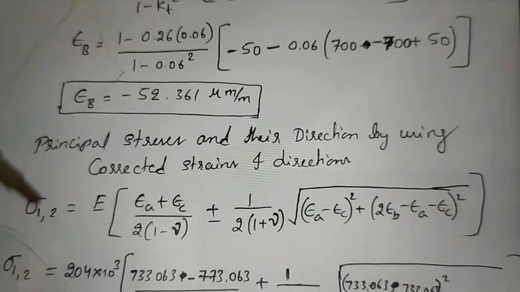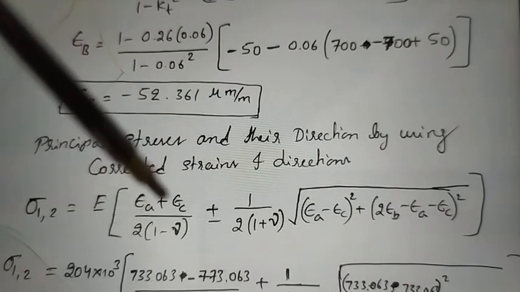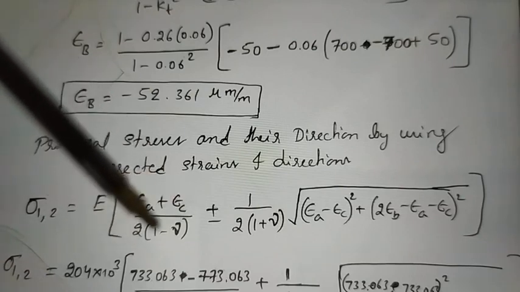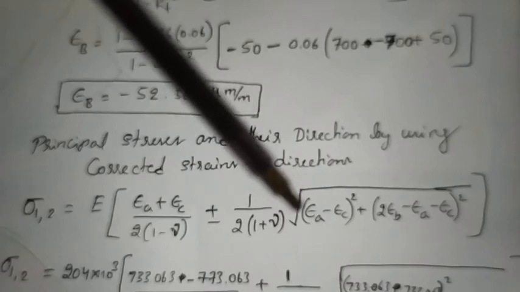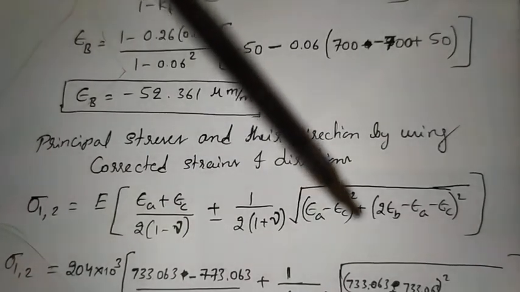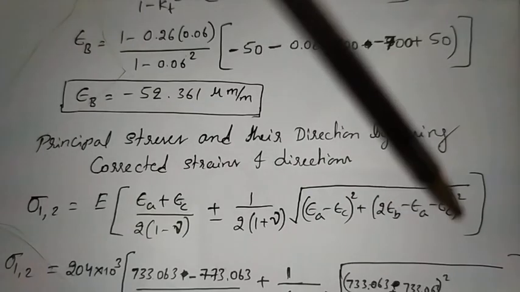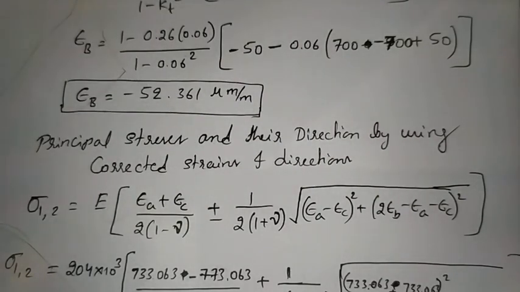Sigma 1, 2 is E into (epsilon A plus epsilon C) by 2 into (1 minus nu) plus or minus 1 by 2 into (1 plus nu) root of (epsilon A minus epsilon C) whole square plus (2 epsilon B minus epsilon A minus epsilon C) whole square. So you have to remember this equation, just substitute the values now.